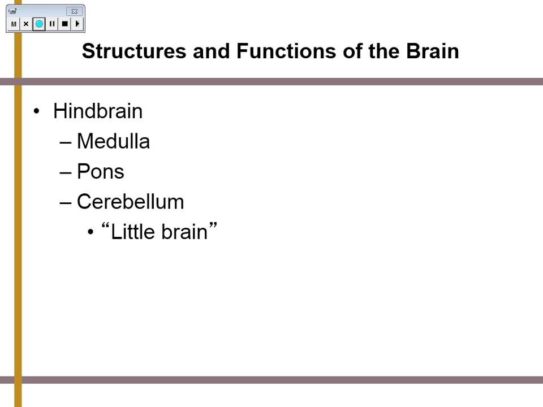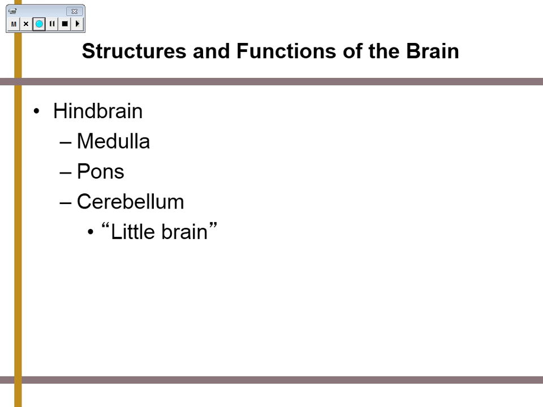Inside of it, it has parts. These are your sections, but each section has parts. Follow? Okay. Inside of your hindbrain, you have 3 parts: the medulla, the pons, and the cerebellum. Your medulla is responsible for your breathing.